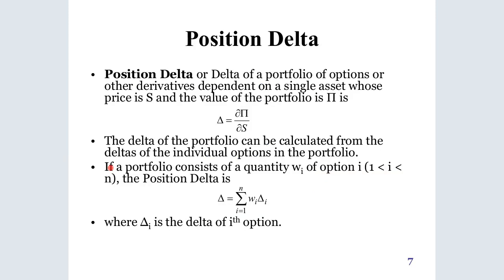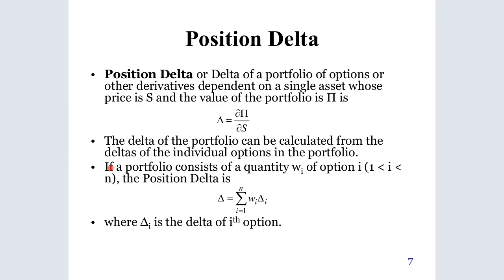Now you can also have something called the position delta, or delta of a portfolio of options. If you have a portfolio, why should you just look at the delta of one option, but not the entire portfolio, or other derivatives dependent on a single asset, S, with portfolio value Π? So what you look at is the change in the portfolio value with respect to change in S. The delta of the portfolio can be calculated from the delta of the individual options in the portfolio.